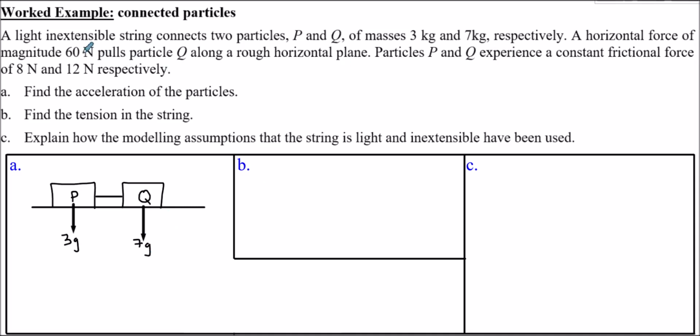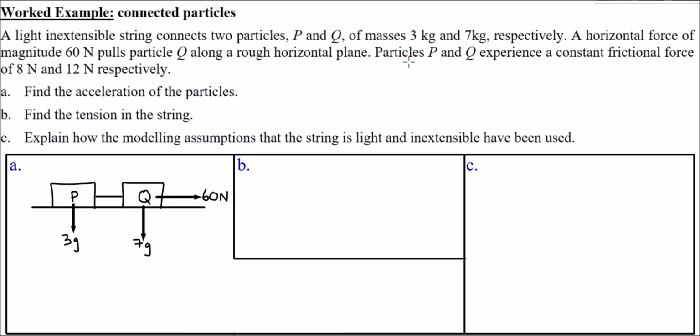It's being pulled by 60 newtons, so 60 newtons is pulling particle Q. So I need to label in a force of 60 newtons on Q, which is pulling it over here. But we're also told that these particles are experiencing constant frictional forces. So one frictional force is 8, so it goes P, Q, 8, 12. P has a frictional force of 8, which will always act in the direction opposite to which the motion is trying to go.